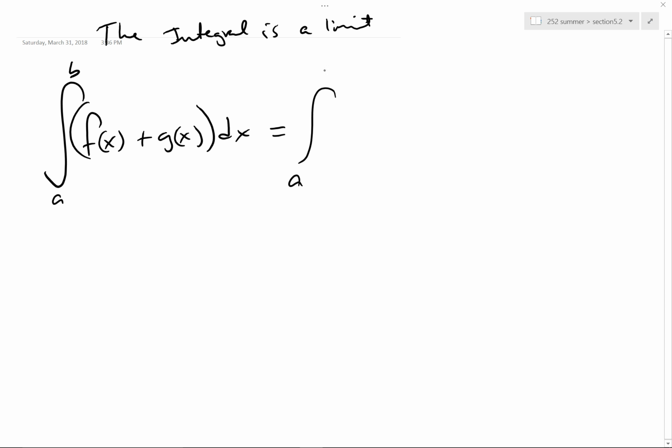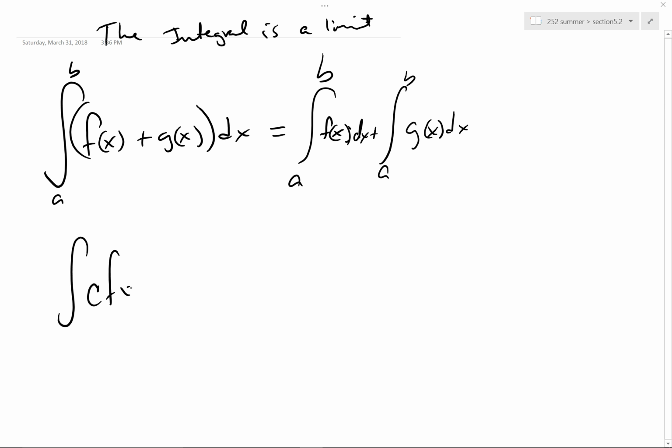It's the integral from a to b of f of x dx, don't forget your dx, plus the integral from a to b of g of x dx. They are the same. Likewise, if you had c times f of x dx, what could you do with that c? Well, it's a constant, so you can pull it out. And if that makes you happy, knock yourself out.